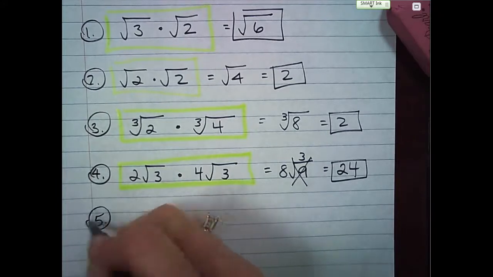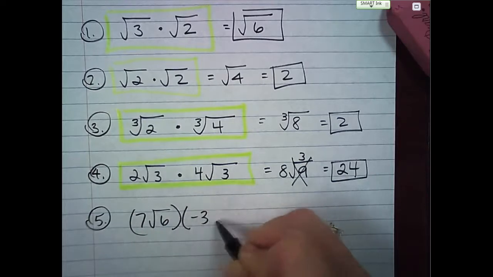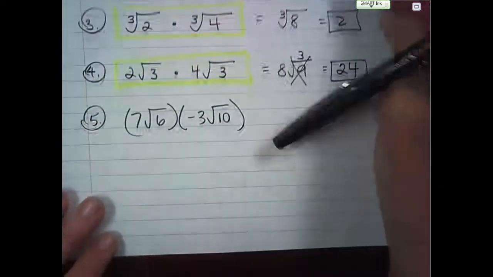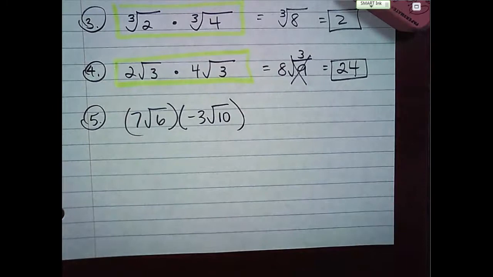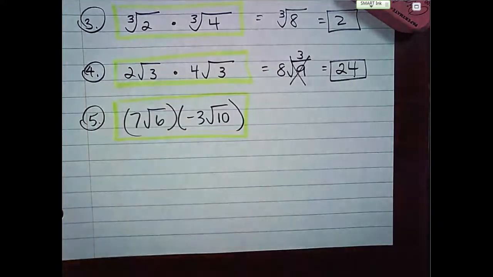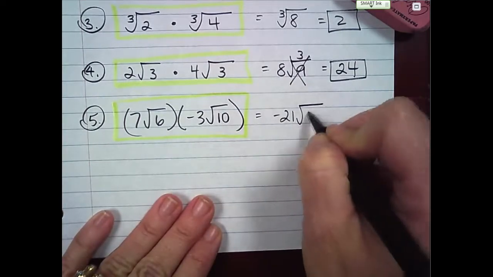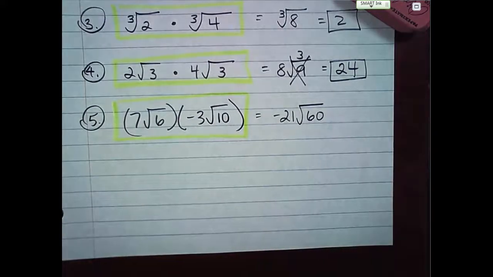Number 5. 7 square root of 6 times negative 3 square root of 10. Outsides, insides. Start off with negative 21 root 60. 80 and 60 have both come up.